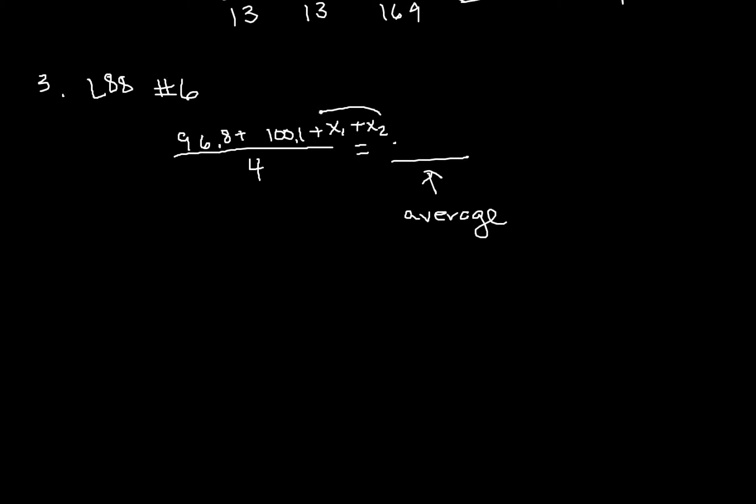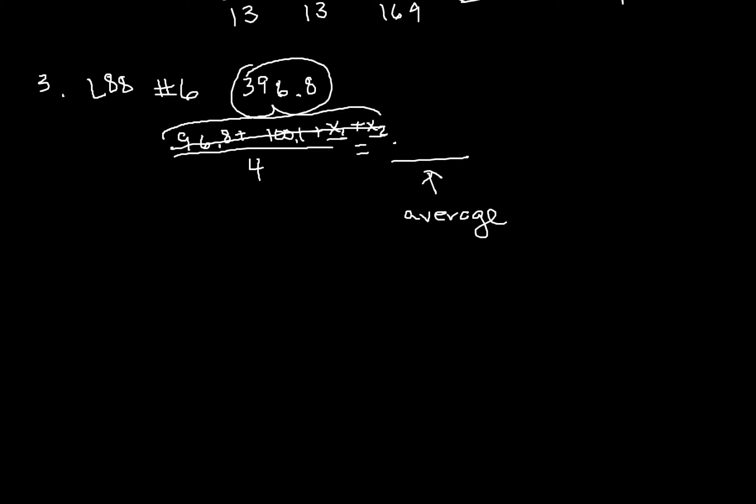What tells you the sum of all the numbers is going to be 396.8. So we don't really need to know what these 2 numbers are right here because we know the sum of all these numbers is 396.8.